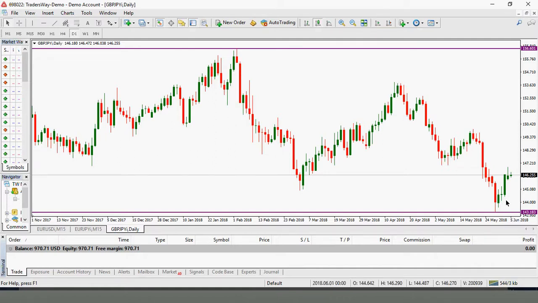The current sentiment on the daily chart is an uptrend. The current trend is an uptrend. But the major trend on the chart, let's see here, it's going up, slightly goes downward for a few days.